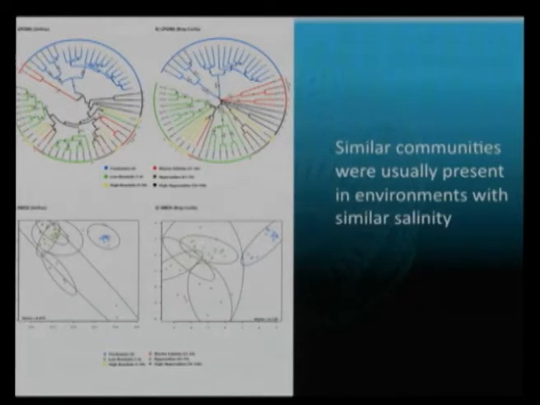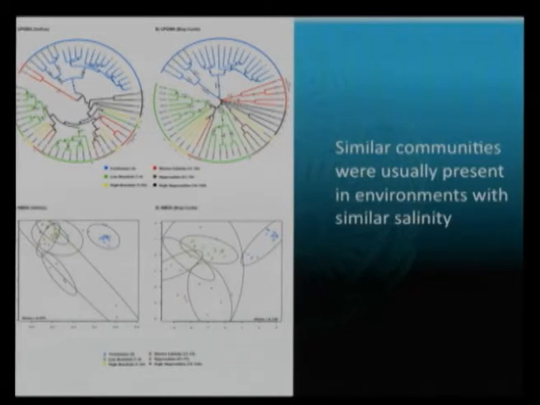So this is a UPGMA clustering. What you have here are not species or anything like that. These are communities, or samples, let's call it. Here you have the Bray-Curtis beta diversity estimator. Here you have a phylogenetic-based UniFrac distance.